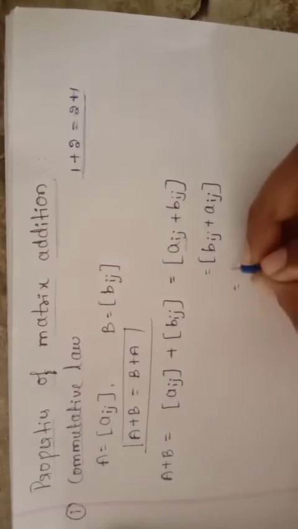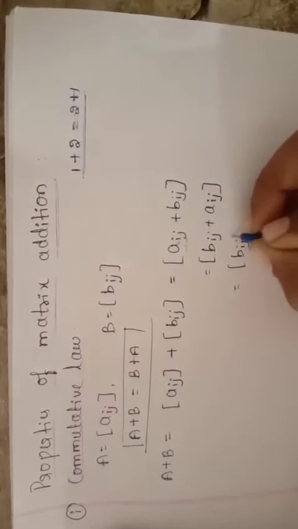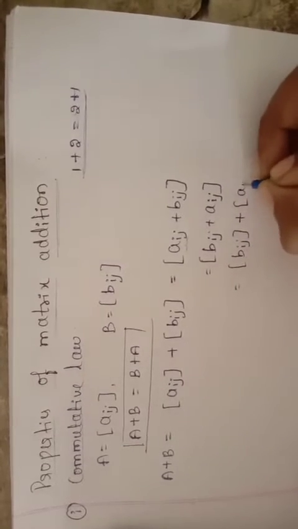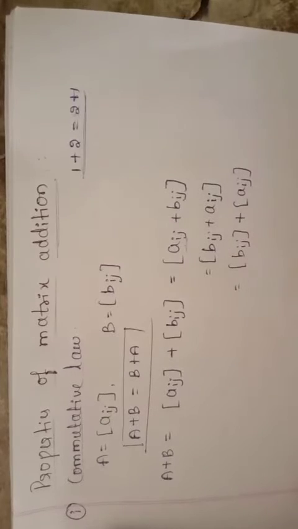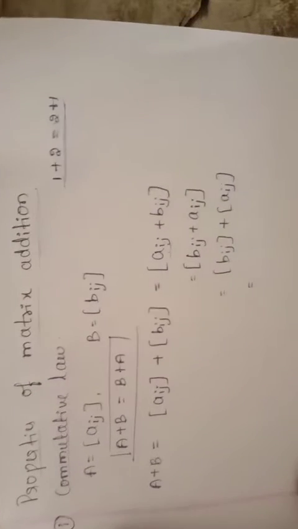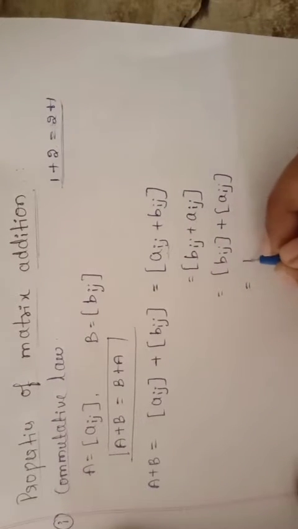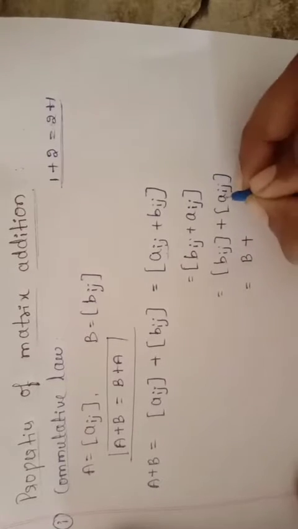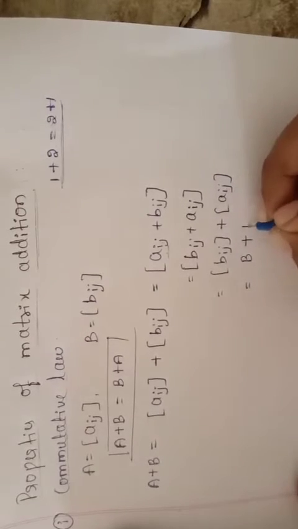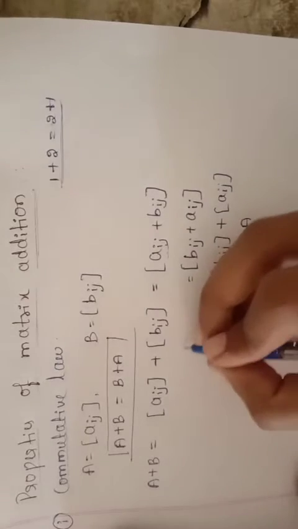So now I can write it as matrix Bij plus matrix Aij. I can write it separately. So then I can conclude that matrix Bij is nothing but matrix B, plus matrix Aij is nothing but matrix A. See, what is the left hand side we have?